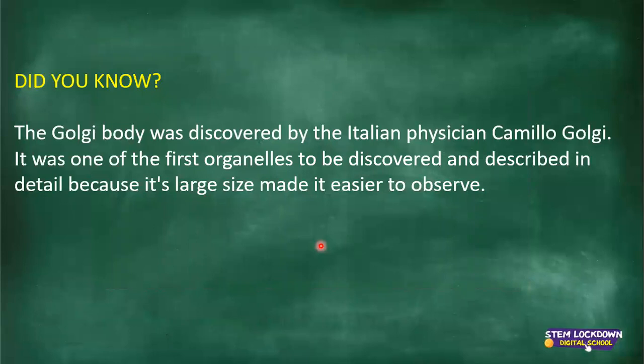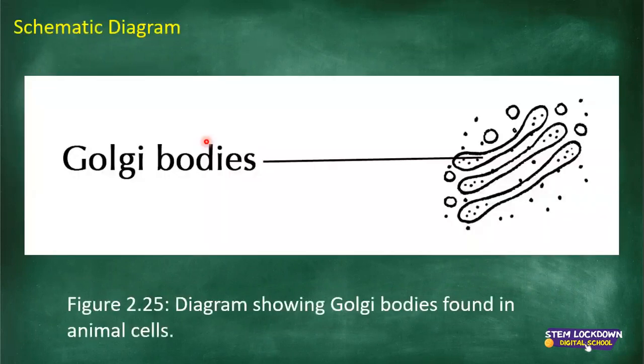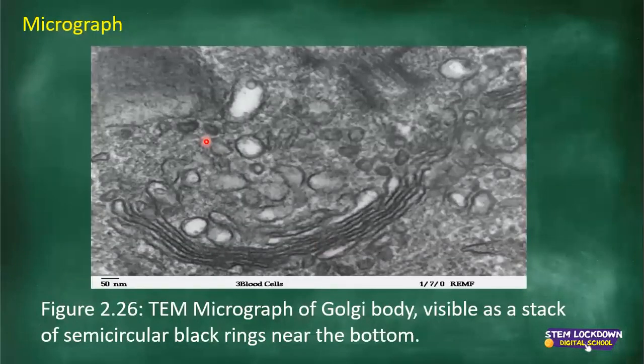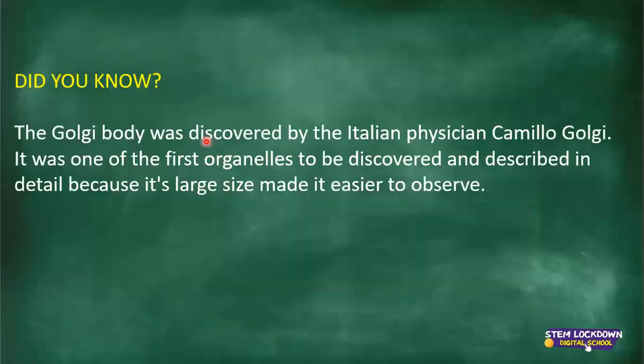Did you know the Golgi body was discovered by the Italian physician Camillo Golgi? It was one of the first organelles to be discovered and described in detail because it's large in size, which made it easier to observe. Because of its very large structure, it's easy to view it under a microscope.